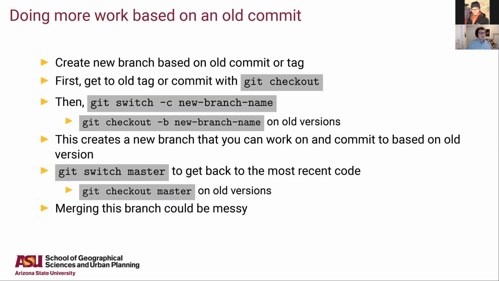So if you've made a bunch of changes to master and then you try to merge in a branch that's based on a tag way in the past, it's going to try to just add the changes that you made since you checked out that tag back into master. And that's probably going to turn into a mess. So I wouldn't really recommend that. I would recommend keeping a separate branch if you have an old version of the code that you need to support or work with for a particular project, because you can switch very easily between those branches as needed.